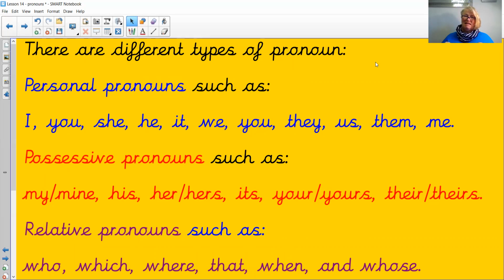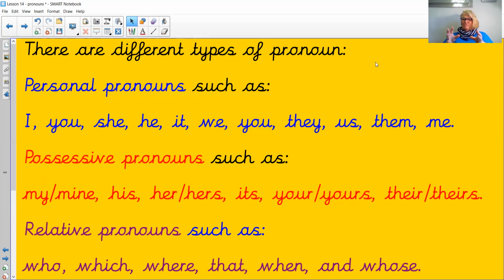And then you've got the possessive pronouns, such as my, mine, his, her or hers, its, your, yours, their, and theirs. And then you've got relative pronouns, such as who, which, where, that, when, and whose.